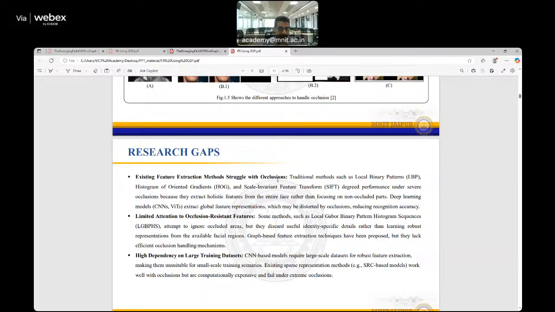Traditional methods like local binary pattern, histogram of oriented gradients, and scale invariant feature transform degrade in performance under severe occlusion because they extract holistic features from the entire face. Deep learning models extract global feature representations which may be distorted by occlusions, reducing recognition accuracy. There is limited attention to occlusion resistant features.